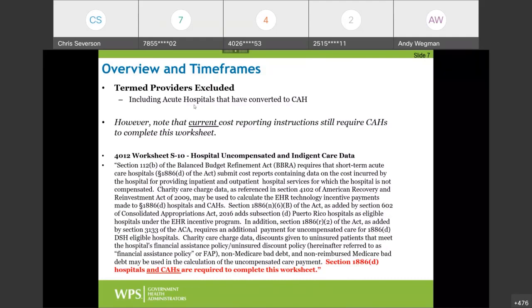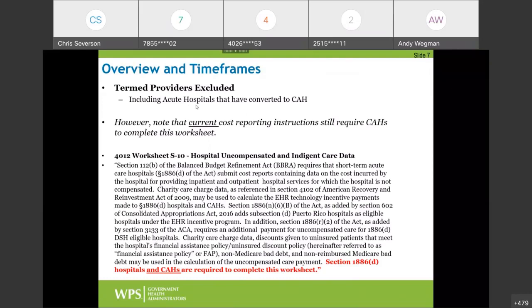But what they did tell us is that if you have a termed hospital, a provider that's not going to be participating on the acute care side when these payments are issued, then it does not make sense to audit their data because they don't want that data in the pool, and obviously that hospital is not going to get a share because they're no longer an acute care hospital.